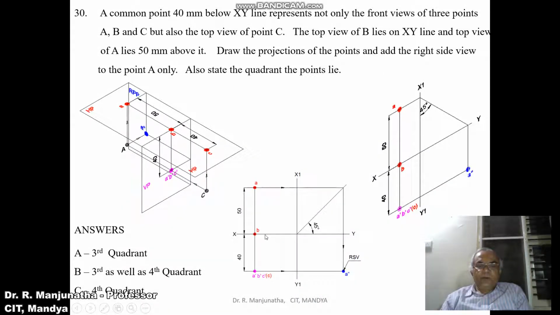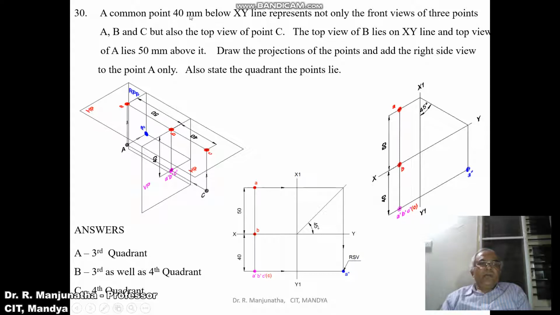First we will draw the XY and X1Y1 lines with thin lines and mark XY and X1Y1. Then we draw a vertical projector at any convenient distance from X1Y1 line.